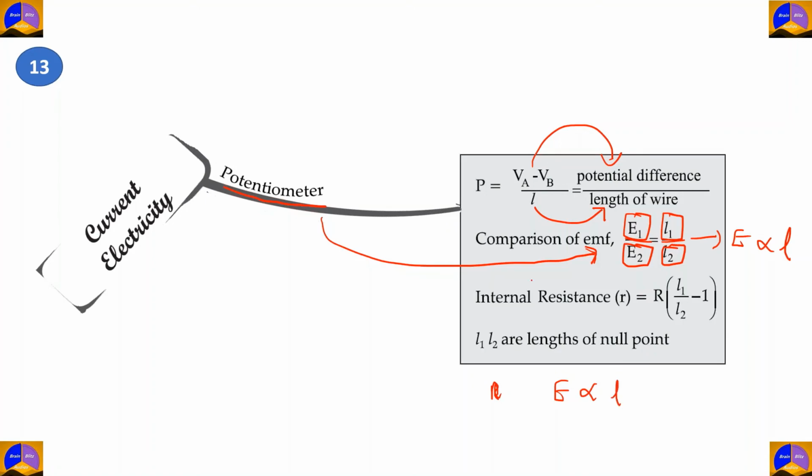E is proportional to L, which is used for comparison of EMFs, and ER divided by (R plus r) proportional to L2, to get the formula for internal resistance as r equals R, which is the resistance of the resistor in a circuit, and then inside bracket we would write (L1 by L2 minus 1). L1 is initial balancing length and L2 is the final balancing length. These are also known as lengths of null point. Null point refers to the galvanometer approaching 0.